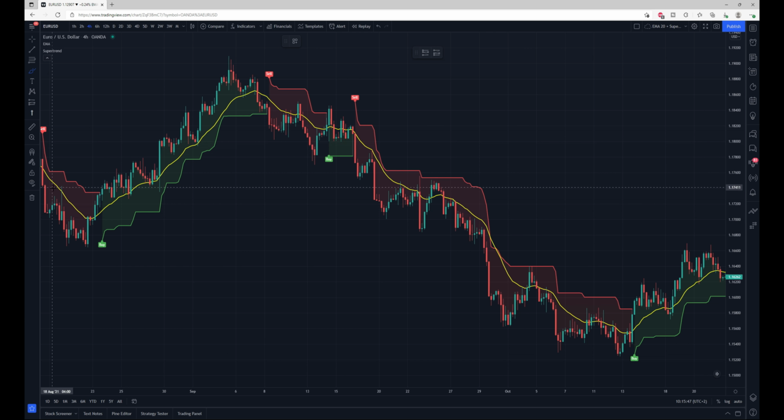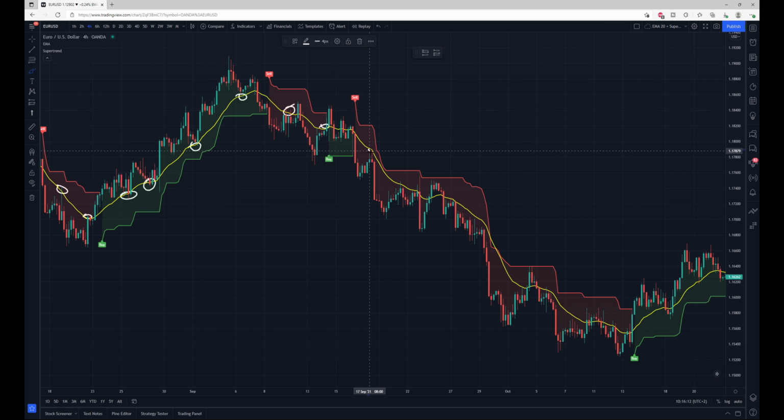If the super trend is red, you're looking to sell when the price has come back to at least the 20-period exponential moving average. So let's just go through here. Now it's green. We're looking for pullbacks into the 20-period exponential moving average so we can get into the trend at a discount with expectation that the trend is going to continue.